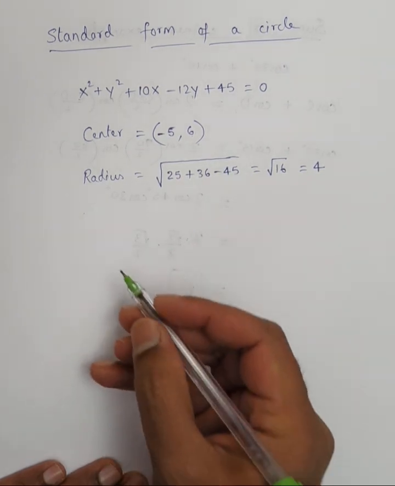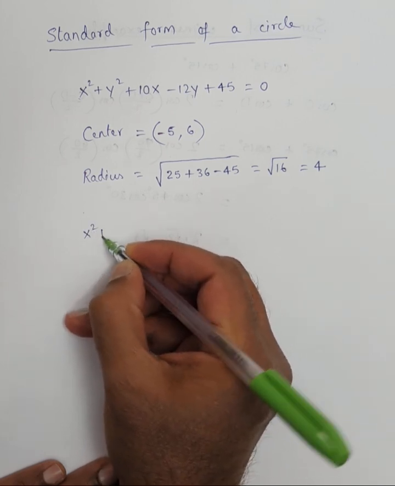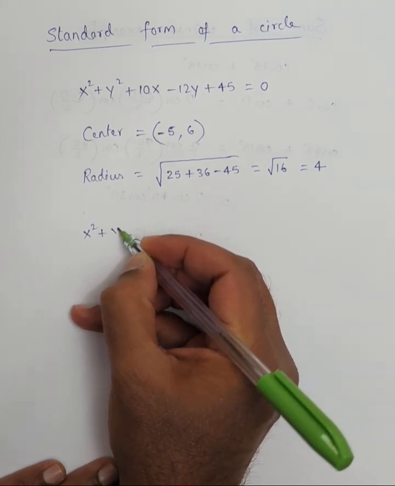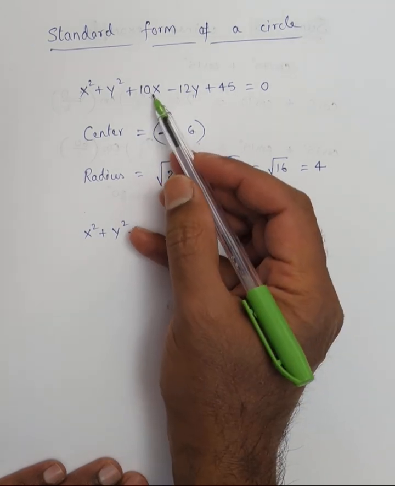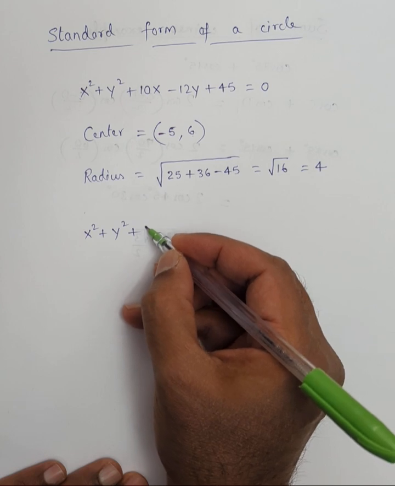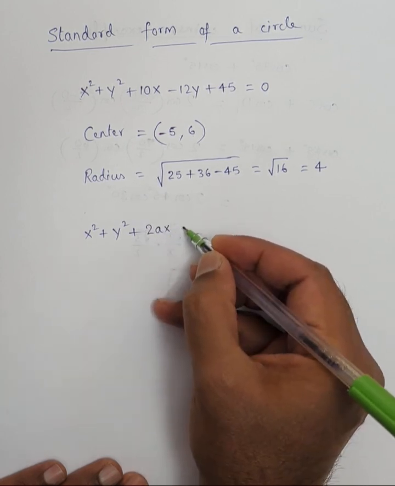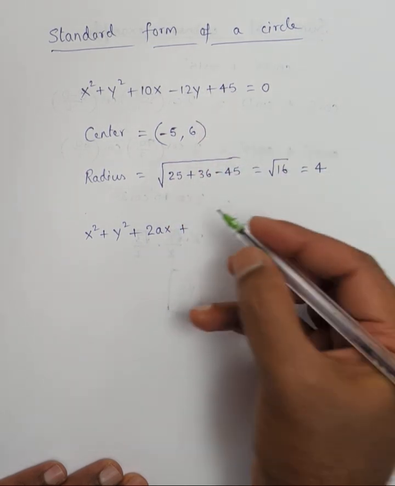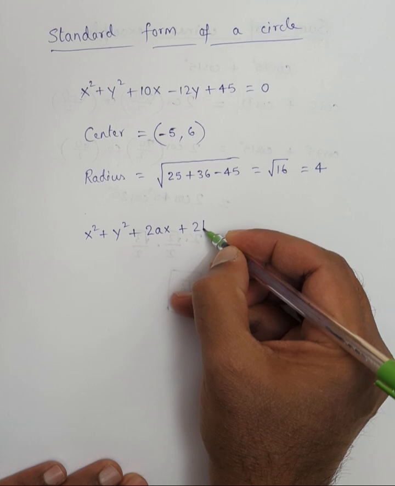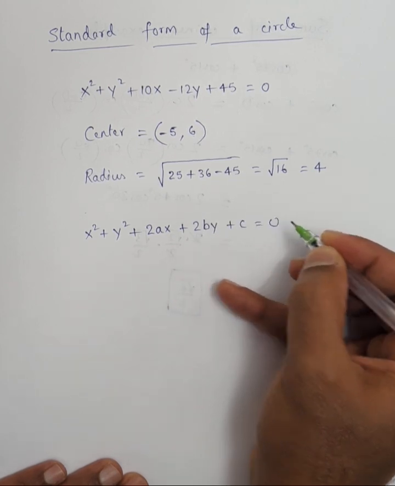All right, so now what would you do if you have some other equation? So let's actually derive a formula. Now, since I'm taking half of the x coefficient, I want to say this is 2a times x, and I'm taking half of that, actually negative half. So 2by plus c equal to 0.